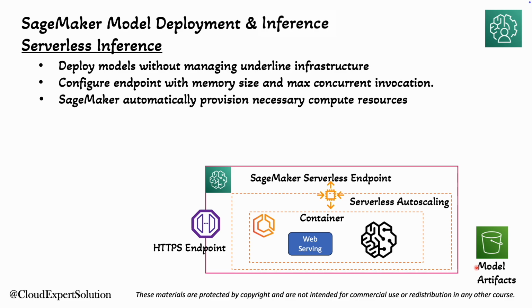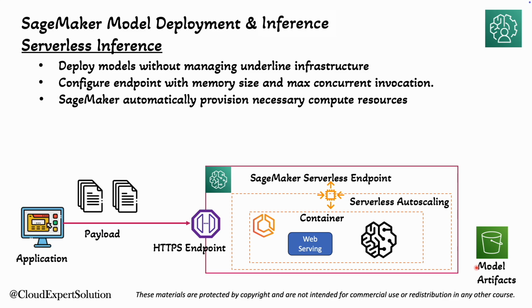When a request is made, SageMaker automatically provisions the necessary compute resources for you. Whenever you are invoking the HTTP endpoint from your application, the endpoint will scale in and out based on the traffic. During idle periods, the endpoint scales down to 0 and it will minimize the cost for you.